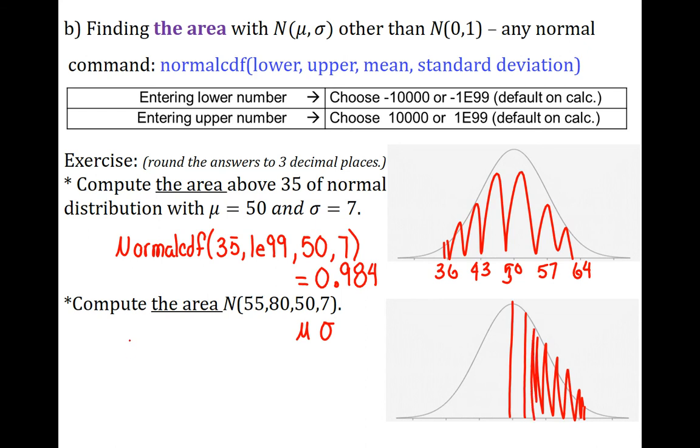So my normal CDF is going to be 55, comma, 80, comma, 50 on a 7, just as typed out, and approximately 0.238.